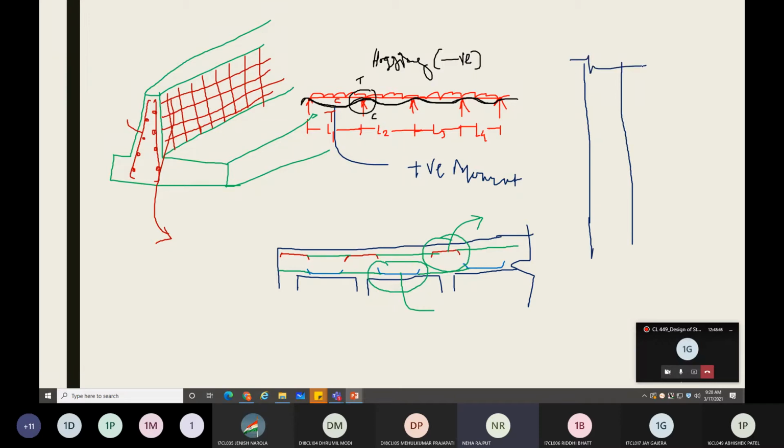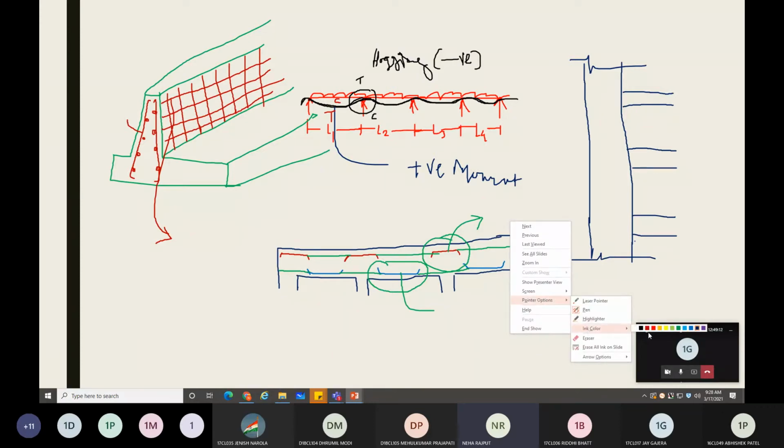I'm just taking the continuation over here, right? And these are the counterfort members throughout the length, right? So here the horizontal reinforcements are placed as the main reinforcement in a counterfort retaining wall.